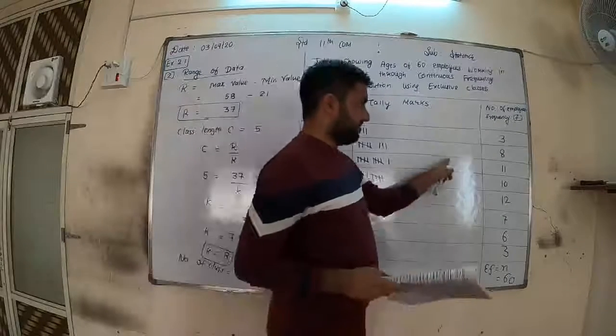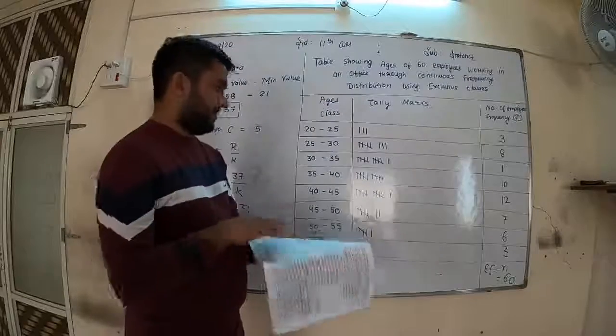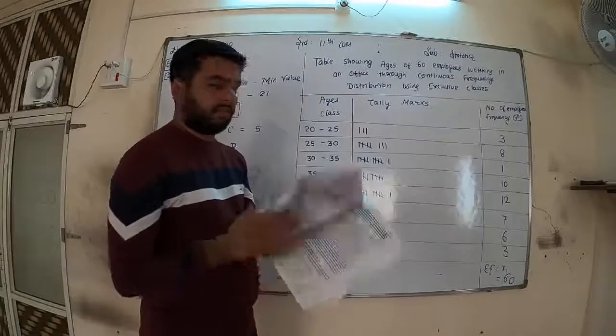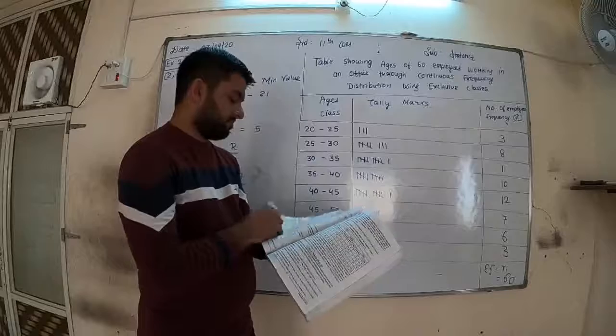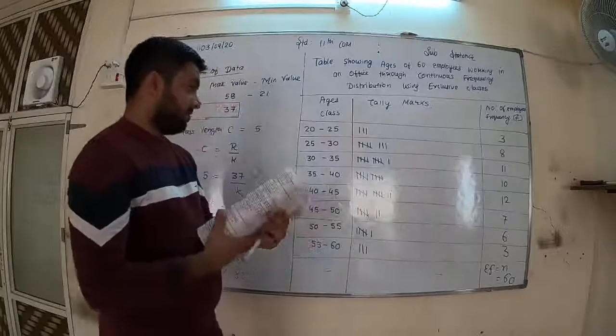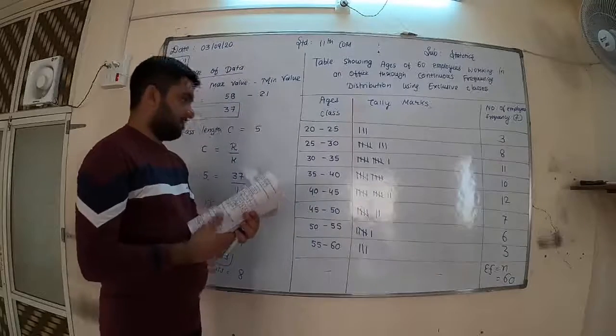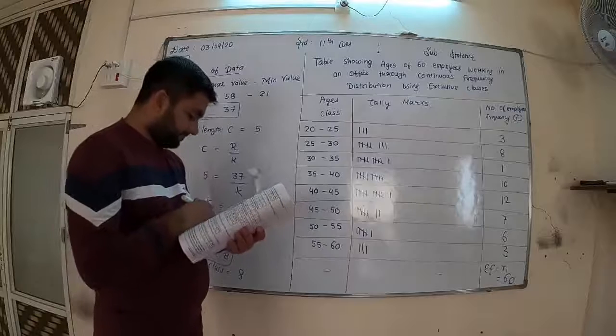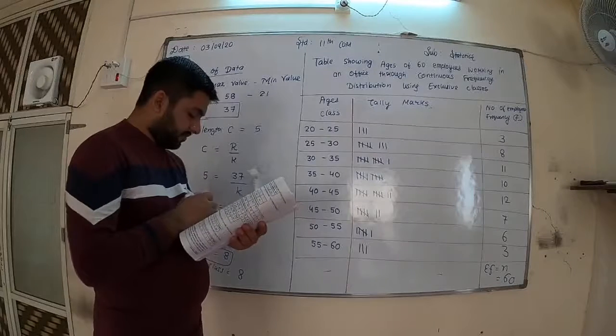There is a mistake here. I may count it literally once more. 30 to 35 means 30 to 34 only.